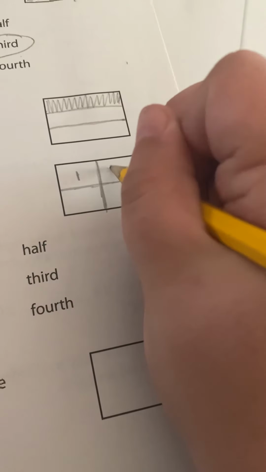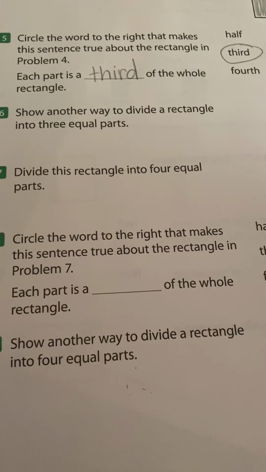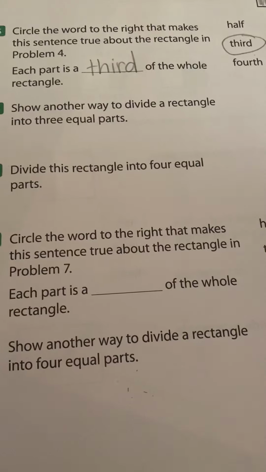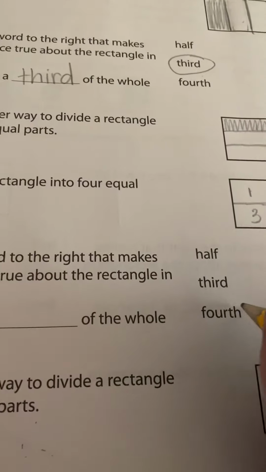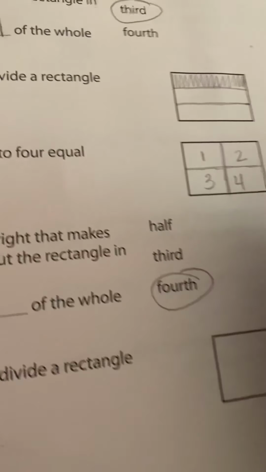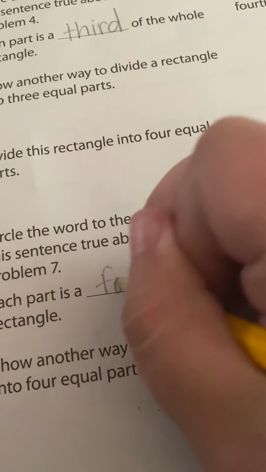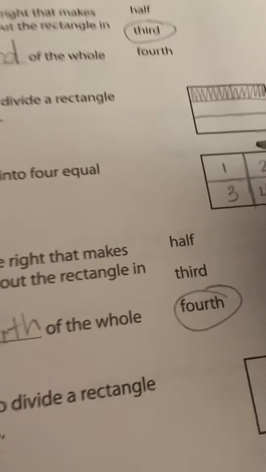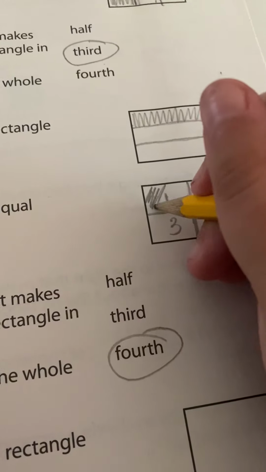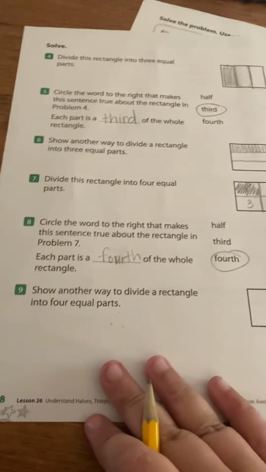Now we have 1, 2, 3, 4 pieces. Number 8, circle the word to the right that makes this sentence true about the rectangle in problem 7. So there's 4ths because there's 4 equal pieces, and each part is a 4th of the rectangle. So this, if I colored in 1 piece, 1/4 would be colored in.